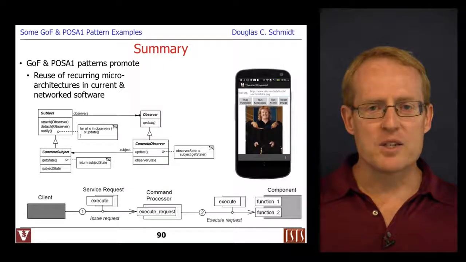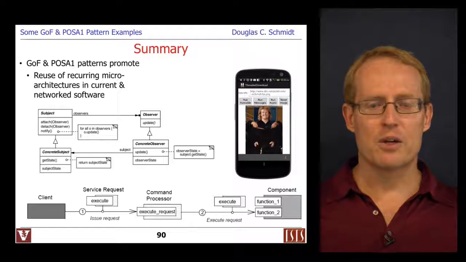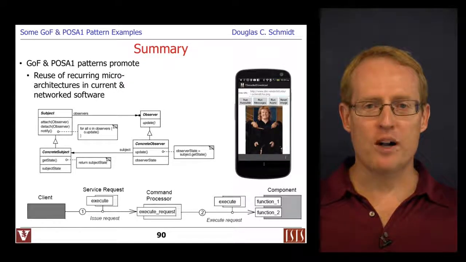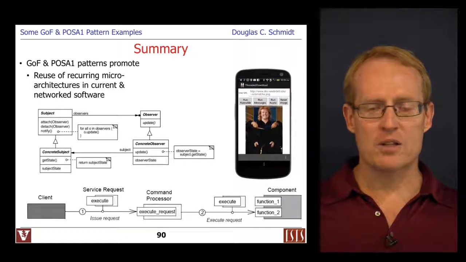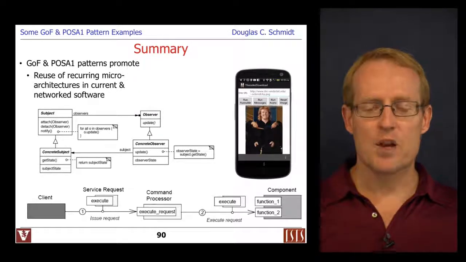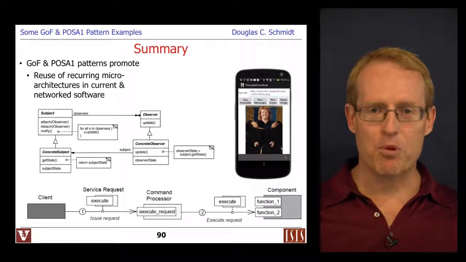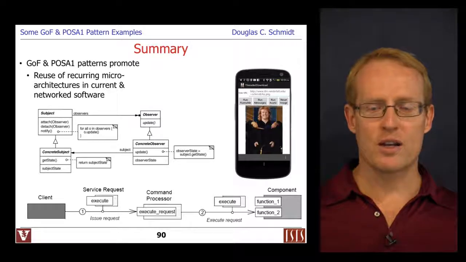So to summarize this module, the Gang of Four and POSA 1 patterns promote reuse of many microarchitectures that arise in concurrent and network software. We've seen patterns like broker used in conjunction with other patterns like proxy. We've seen complements to broker and proxy like command processor, which we can use to solve various issues in concurrent and network software.